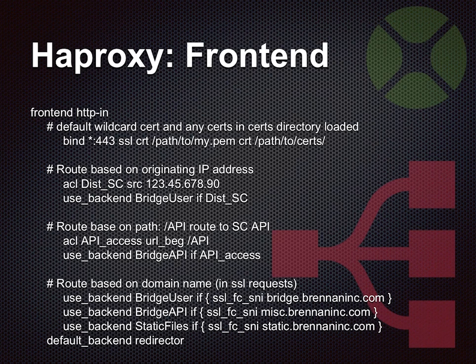This one basically says use the API access backend if I'm routing through API. My app does API and UI type connections through the same web app. I have two backends because I handle them slightly differently, and you'll see in a little bit.